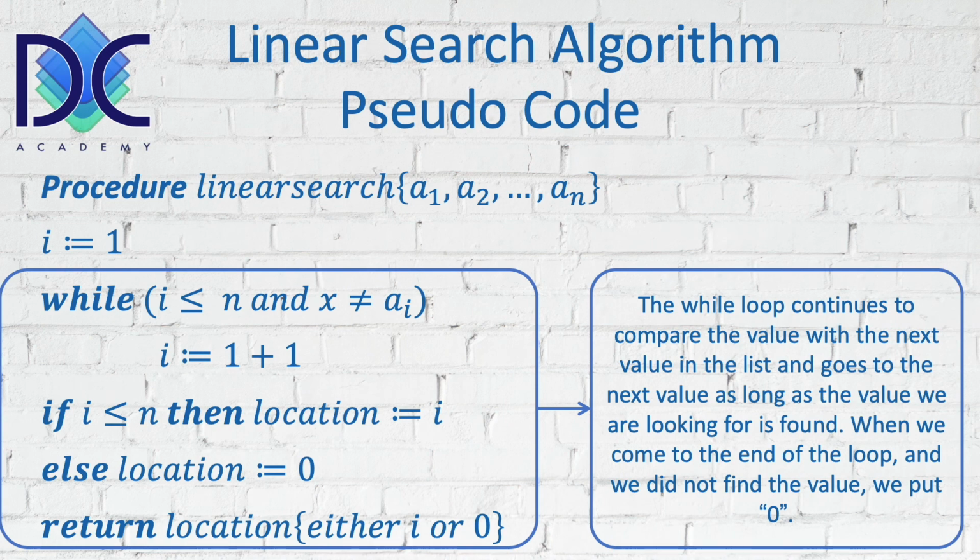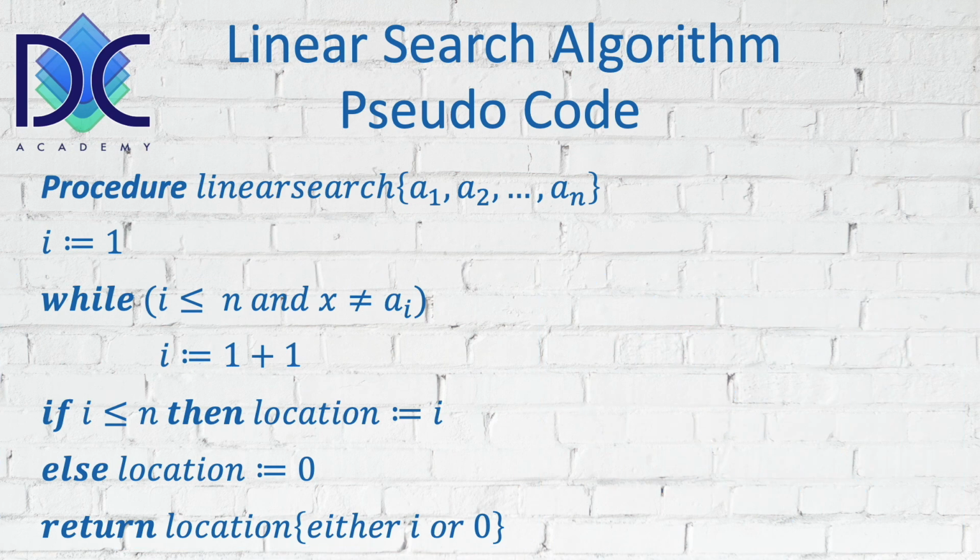If we don't find the element, we put the location equal to 0. The return, the output, is the location: either the position in the set, or the 0 indicating that we didn't find the number.